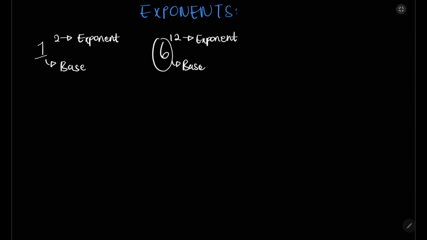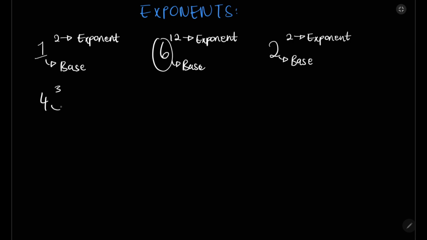Okay, but what if we had 2 to the power 2? That 2 is your base and the small 2 is your exponent. And what if we had, let's say, 4 to the power 3?